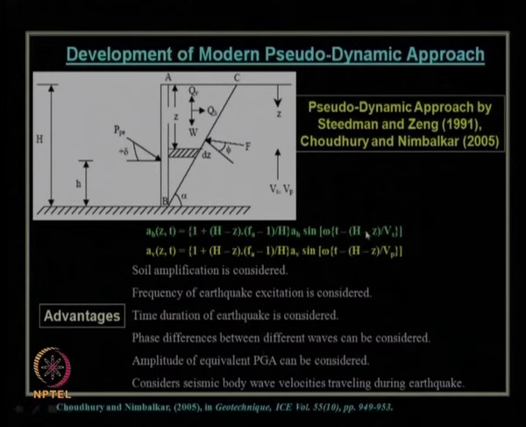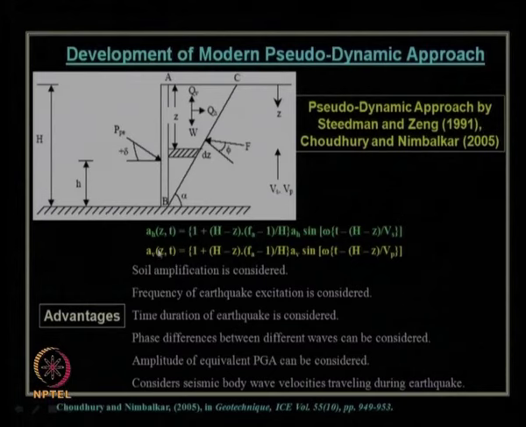So, that automatically gives us the expression of how this sinusoidal horizontal seismic acceleration varies with respect to z, because there is a function of z here, and with respect to time because it is a function of time, and frequency is also involved. So, frequency is taken care of, soil amplification is taken care of, and shear wave velocity is also taken care of, because shear wave velocity mostly contributes to the horizontal seismic acceleration, as we already know. Similarly, for the vertical seismic acceleration, what is the equation?